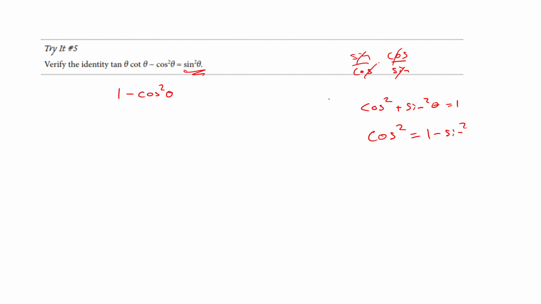Here's a formula that turns cosine squared into sines, so let's use it. So I've got 1 minus, and I'm making a substitution. Okay, you make a substitution, then do your algebra. The negative signs are going to make this 1 minus 1 plus sine squared of theta. The ones will cancel. I've got sine squared theta.